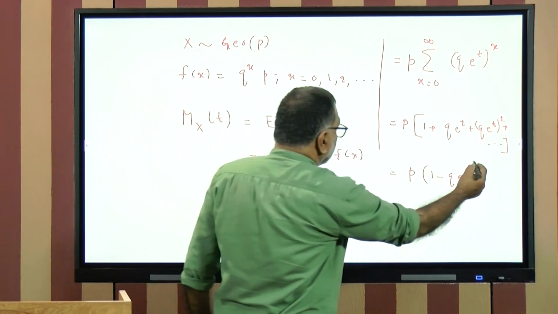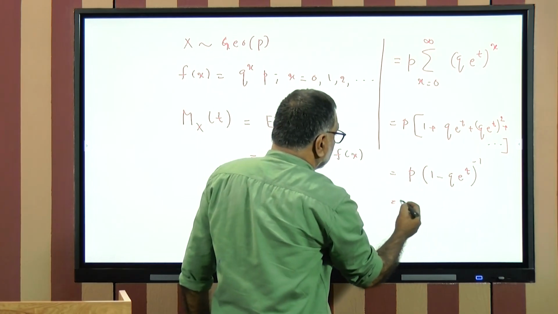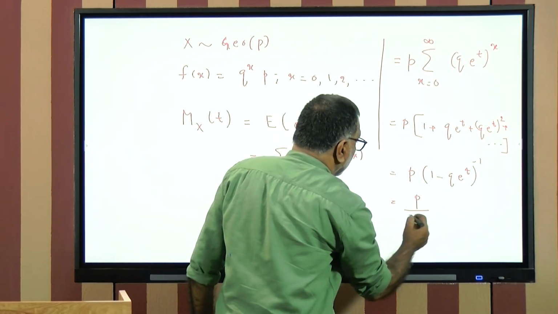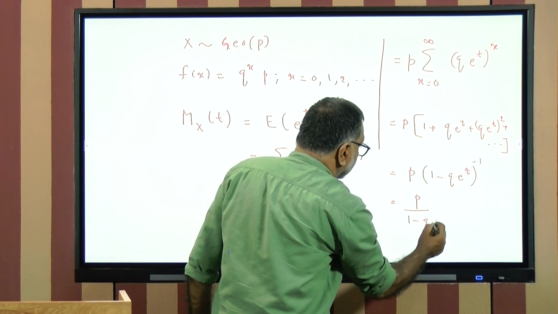So, this is power minus 1, so this is equal to p divided by 1 minus q e^t.